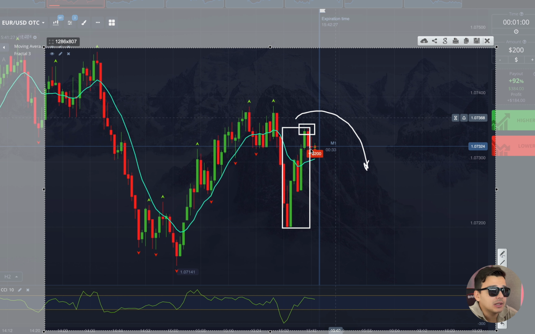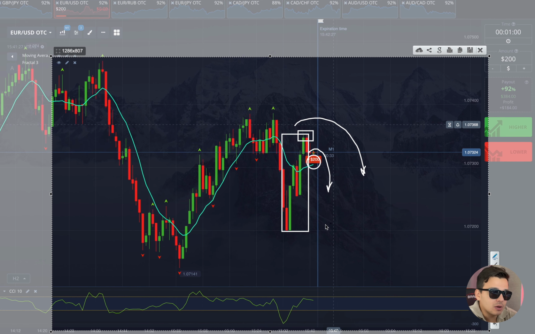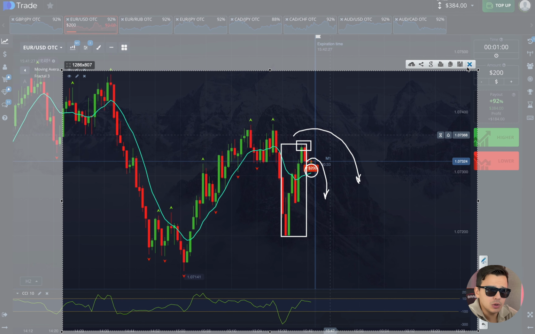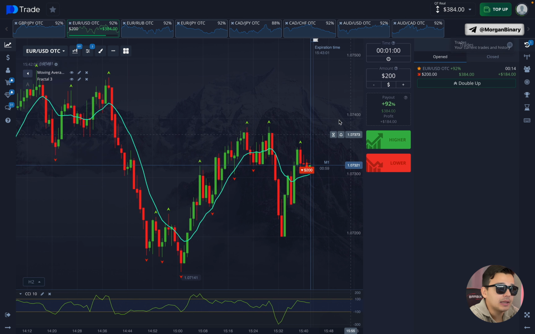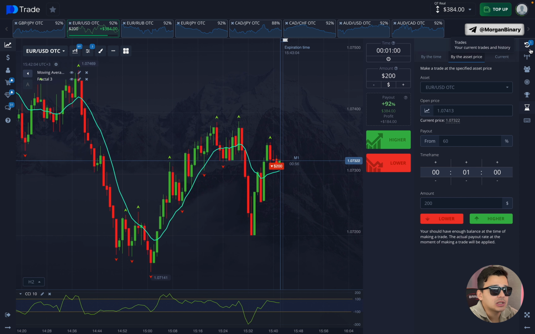Moreover, I think there should be a crossover of the weighted moving average from bottom to top, which will be my signal to open a trade on the downside. The only thing that confuses me here is that my oscillator's moving line has not crossed the overbought area yet, and that could be a hindrance.